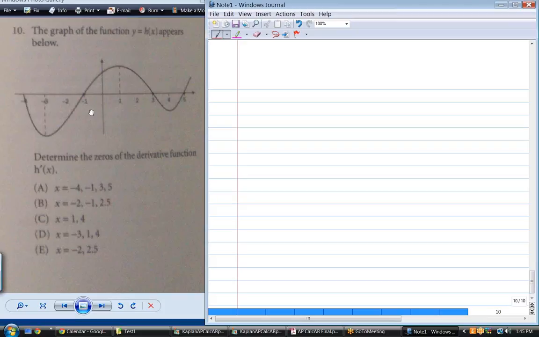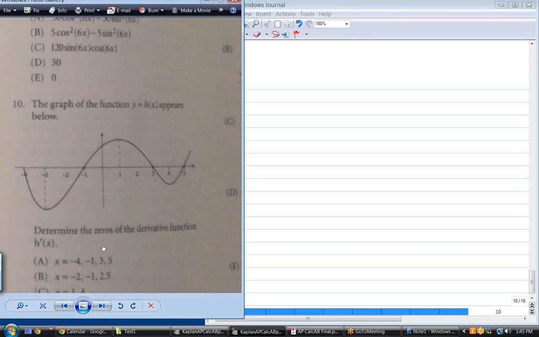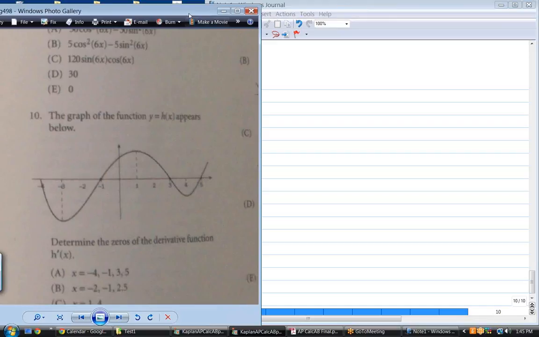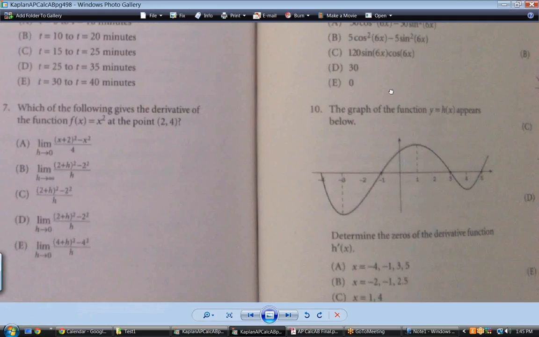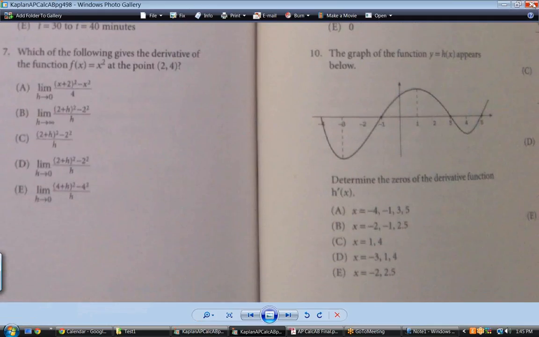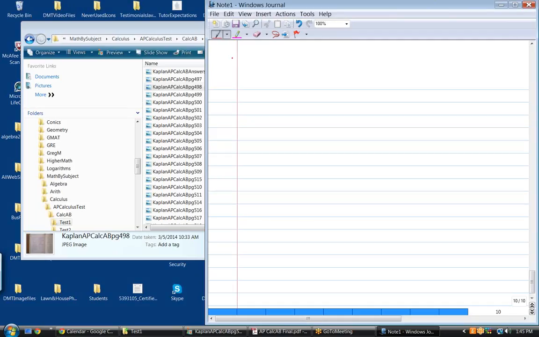Very good. In other words, where the slope of the tangent line is 0. That's the key. I'll switch pages here.